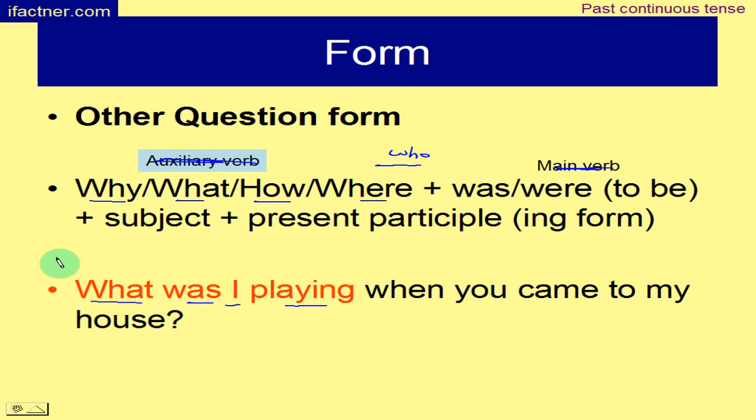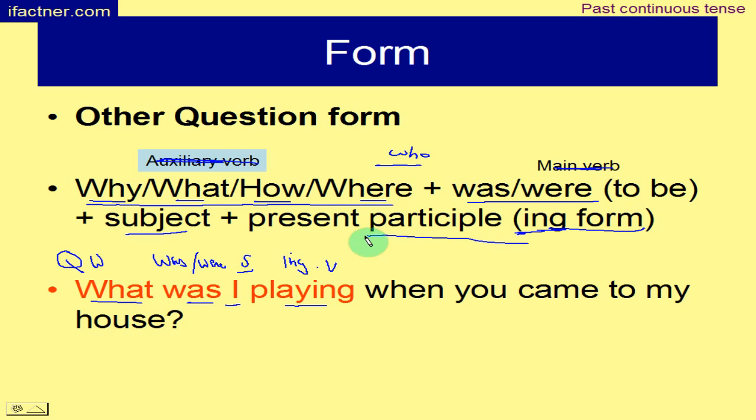So we have got the question word, then we have got was or were, that is the auxiliary verb, then we have got the subject, and then the ing form of the main verb. Question word, then was or were, that is the second form of to be, then subject, and the ing form of the main verb.